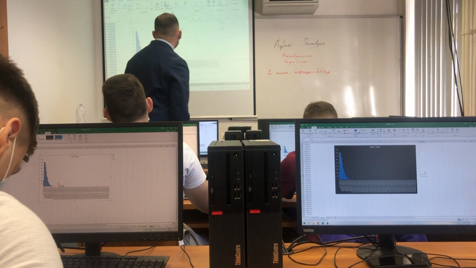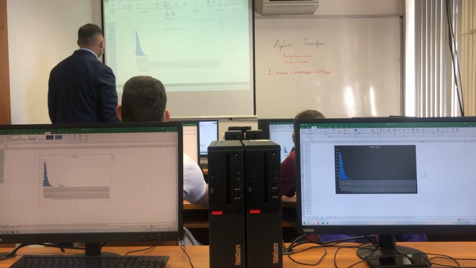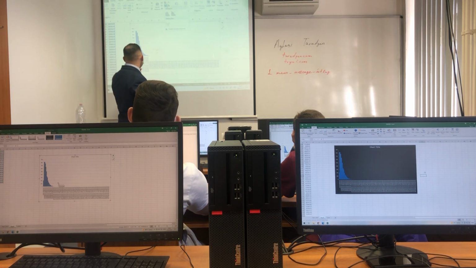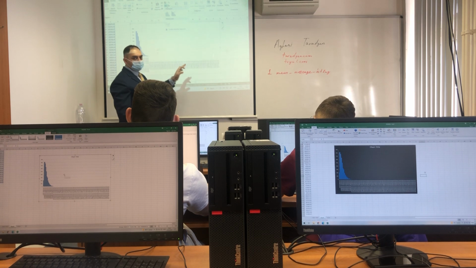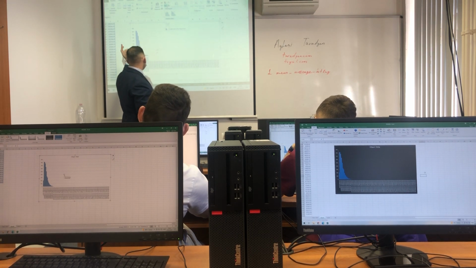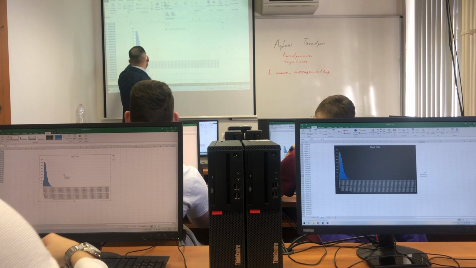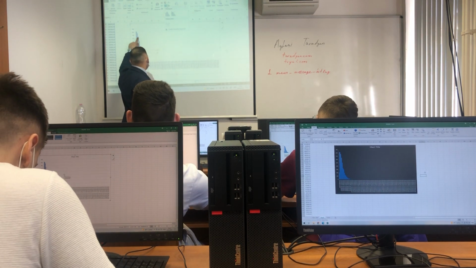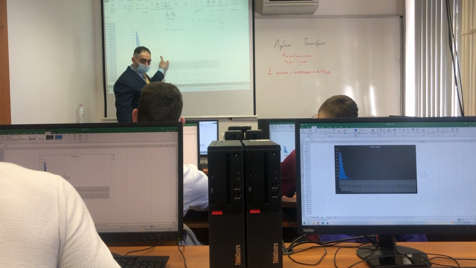Because this is a sample, you understand that this is a sample, there might be a function like this that describes the general population. Like in this case, the function that describes the general population might be like this. It goes up and goes slowly down. Okay?